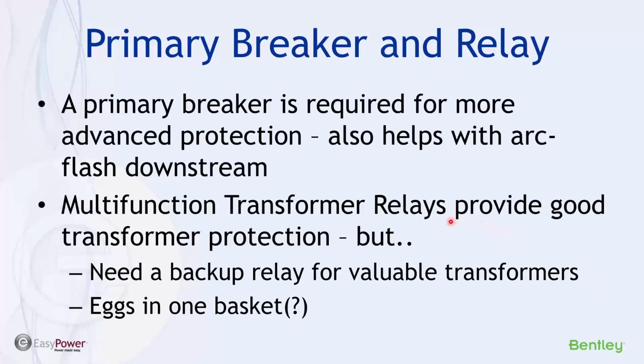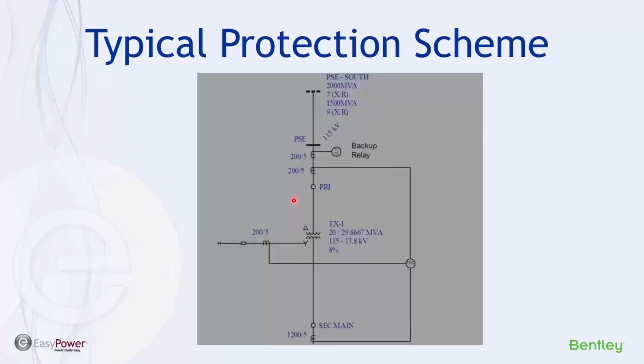A primary breaker is required for more advanced protection. It also helps with downstream arc protection. Multifunction transformer relays provide good transformer protection, but you really need a backup because you don't want to have all your eggs in one basket when it comes to protecting the transformer that has such high value. So here's a typical protection scheme that's offered.